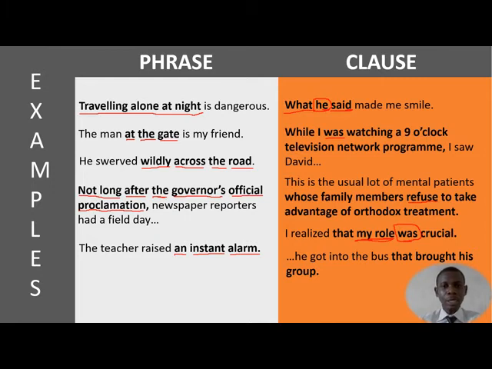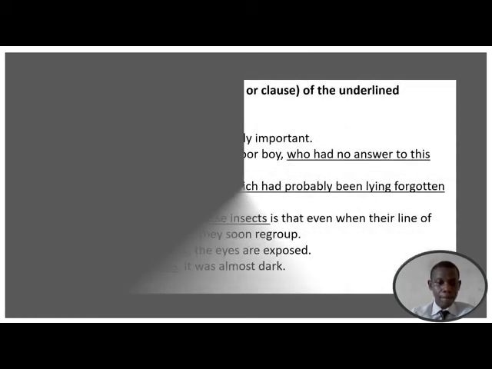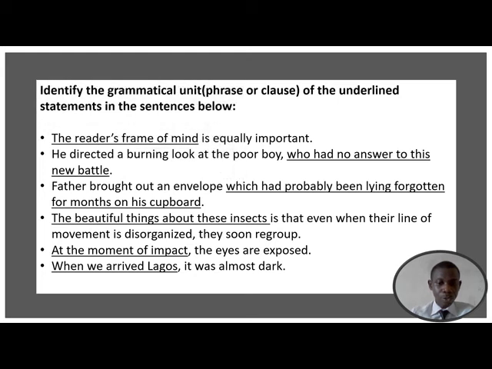attempt a class activity. In our next slide, you are going to see your class activity, and I will advise you to just look at it, write it down, pause this video, and then continue. After you have done your own, you'll see the correction. So let's get into the class activities.